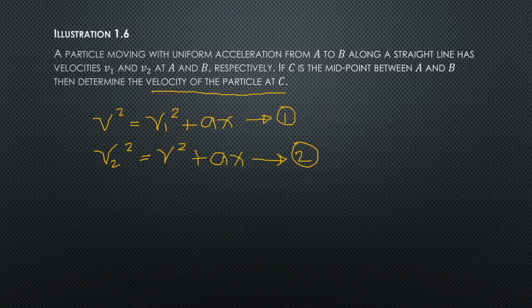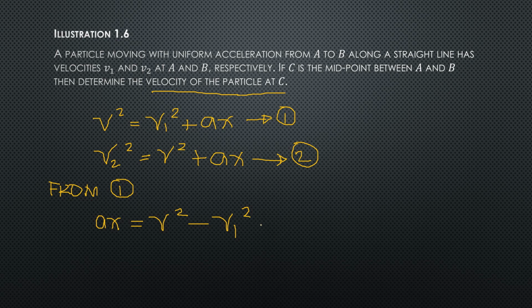Okay, solving for v. From equation 1, I can solve for ax. Therefore ax is equivalent to v squared minus v1 squared, all over 2.